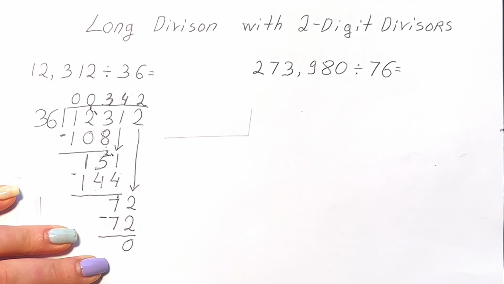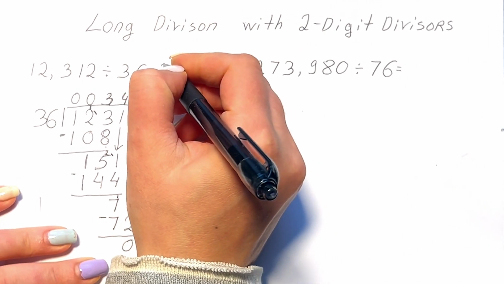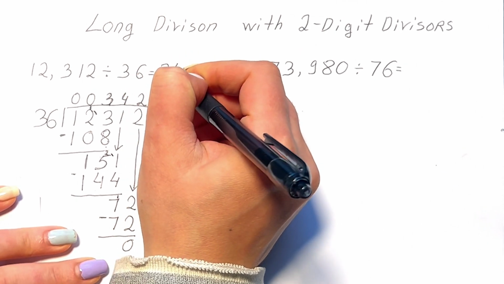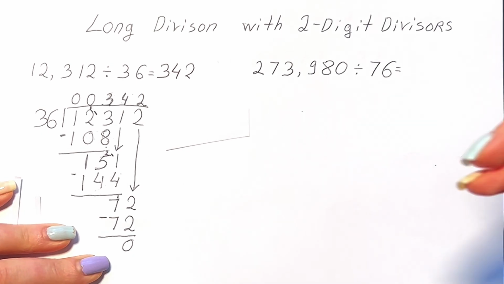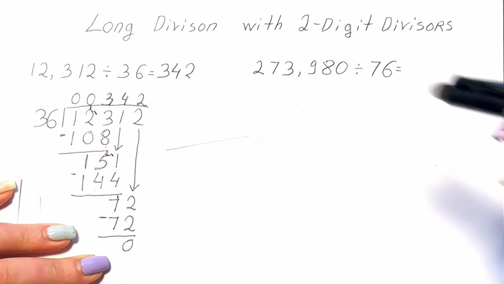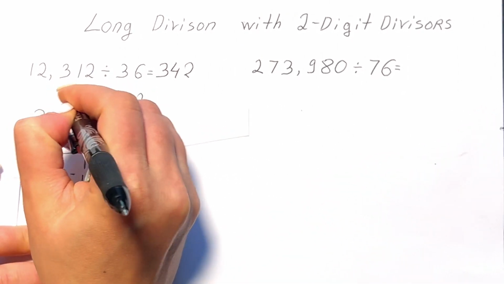So 12,312 divided by 36 is equal to 342. I will erase the zeros because a number can't start with zeros, you already know.